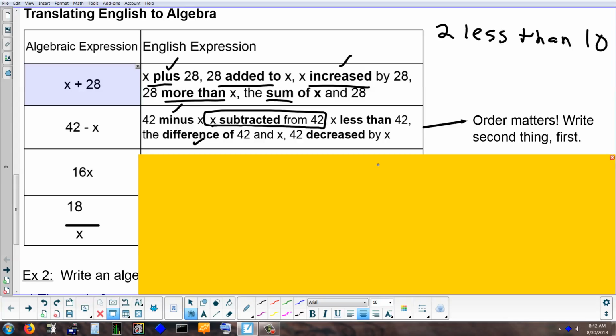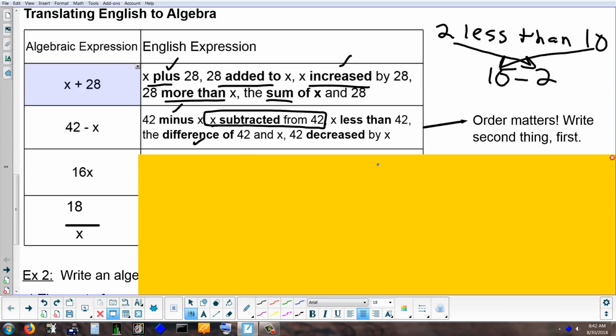Yep, 8. So how do you get 8 with arithmetic, with 10 and 2? How would you set that up as an actual problem? 10 minus 2. Yep. Notice what happened? The 2 was at the beginning, but he put it at the end. The 10 was at the end, it goes to the beginning. So when you see the phrase less than in subtraction, it's going to switch.